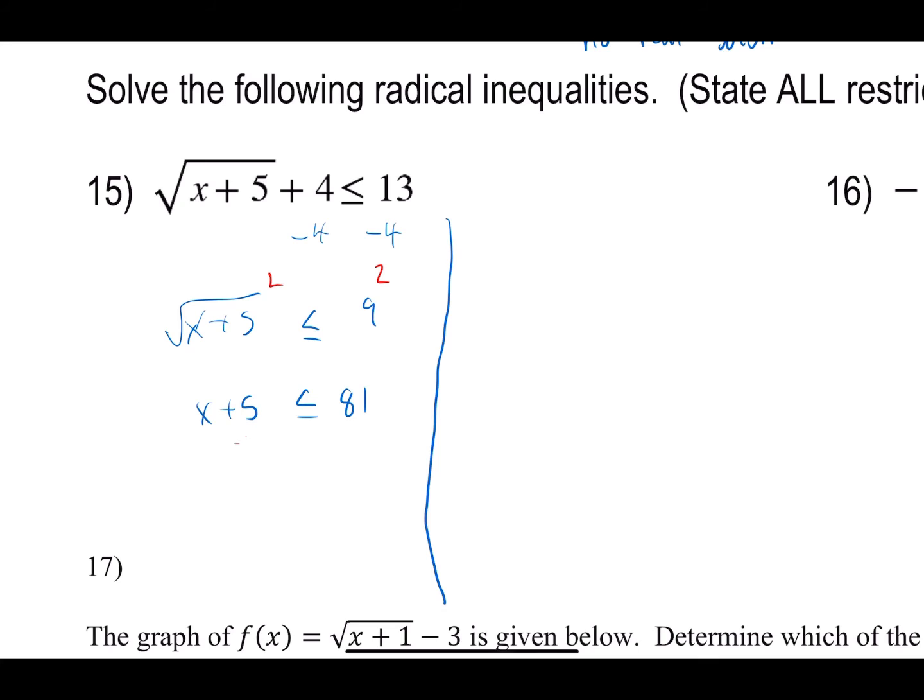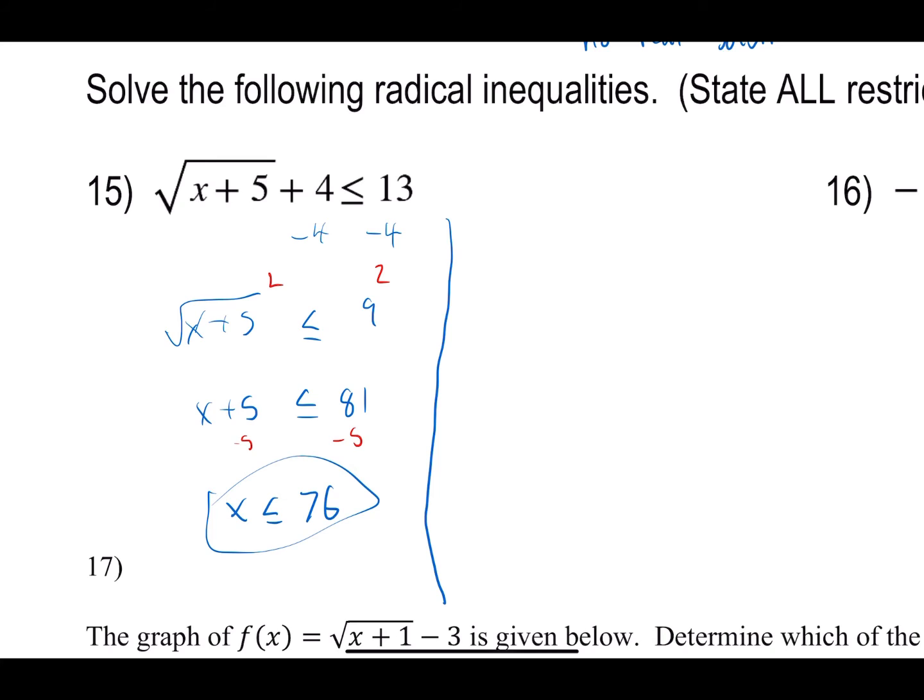Minus 5 to both sides, and we have x is less than or equal to 76. So this is definitely part of the answer.